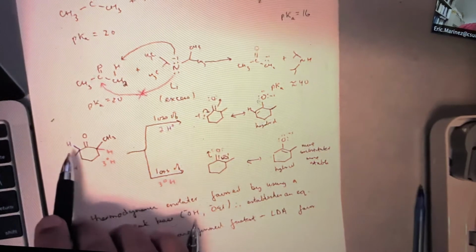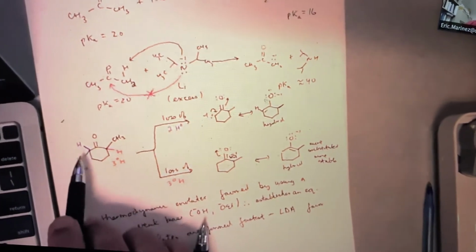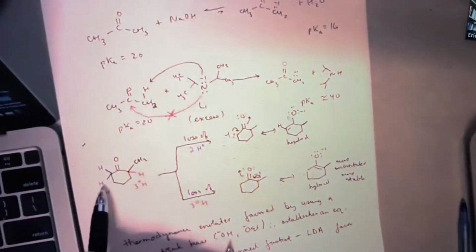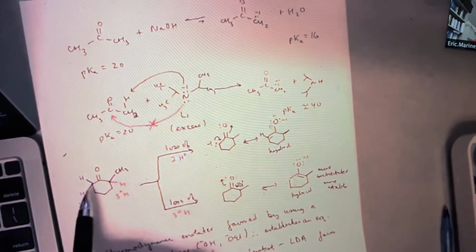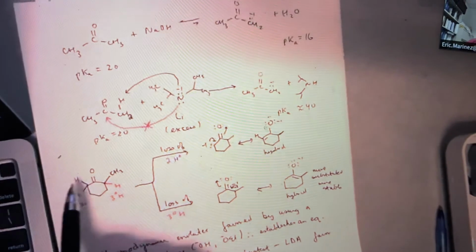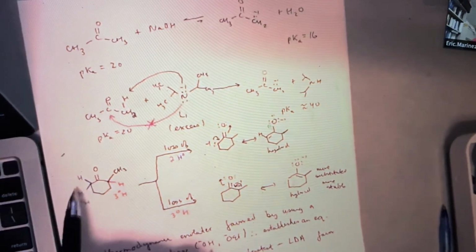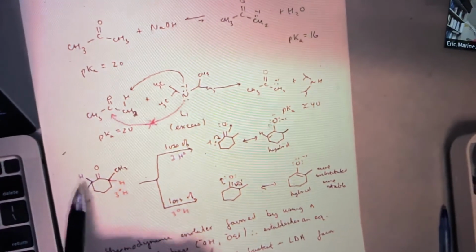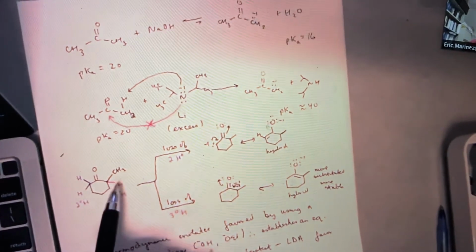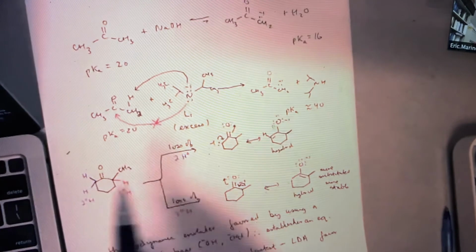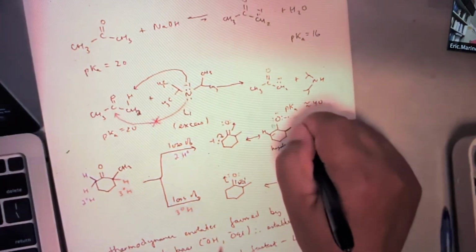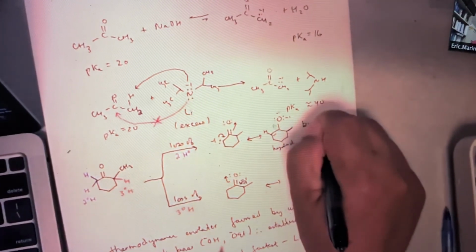Which is only competing for one of, well, we have two things here. One is, this proton here is adjacent to another proton, whereas this proton is adjacent to a methyl. So this is less sterically encumbered. And you could also think about statistics. I have a chance to get one of two, whereas over here, I only have one. So kinetically, this is a faster site. So we say this is kinetically faster.